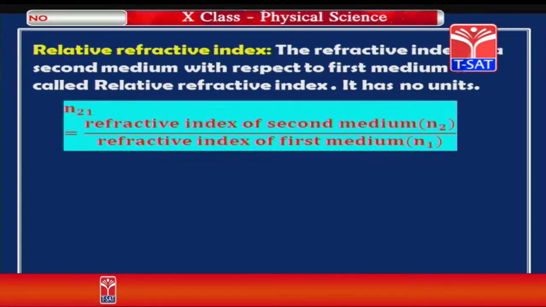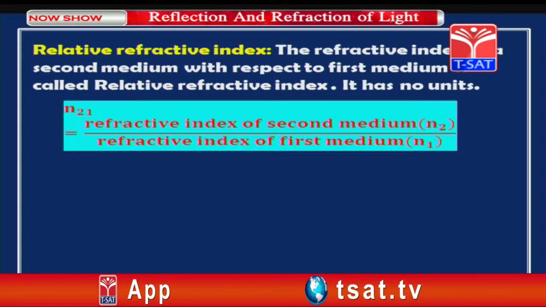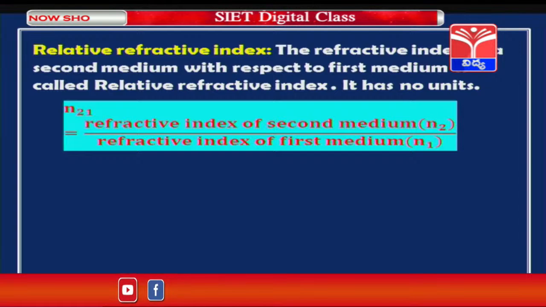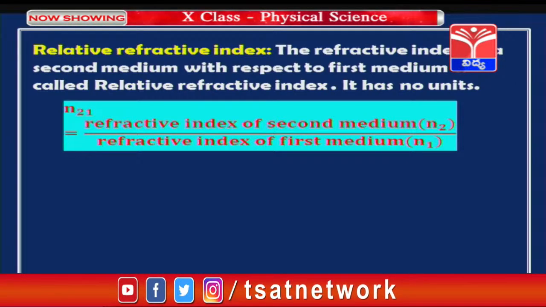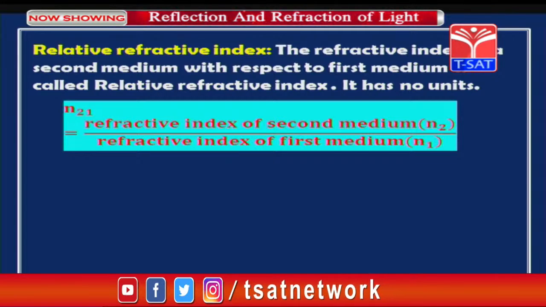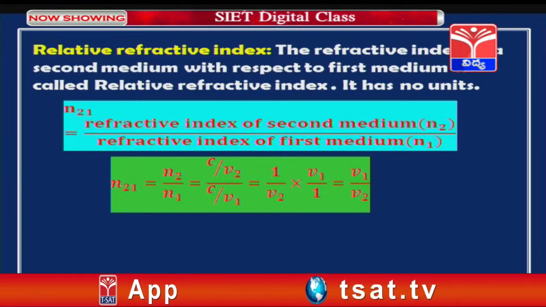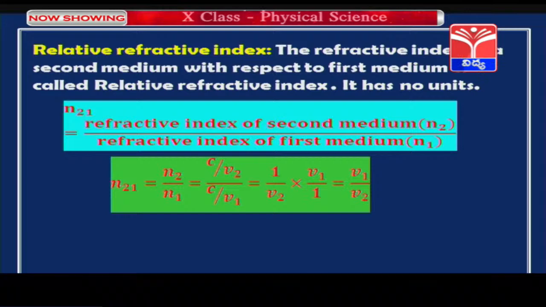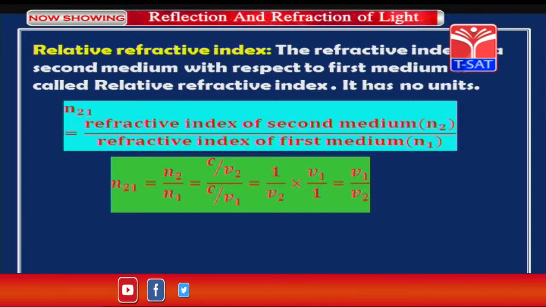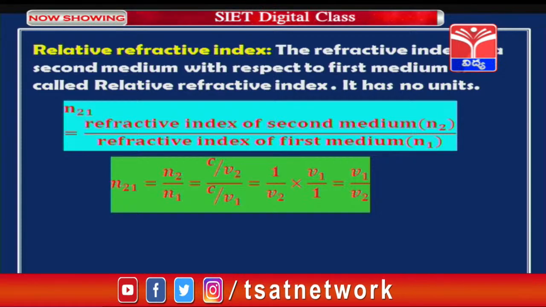Relative refractive index n21 is equal to the refractive index of the second medium divided by the refractive index of the first medium. n21 is read as the refractive index of the second medium with respect to the first medium.